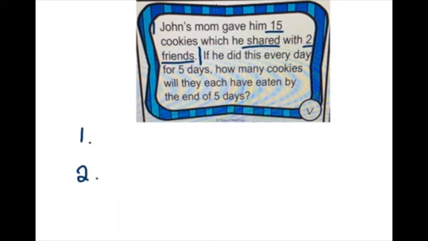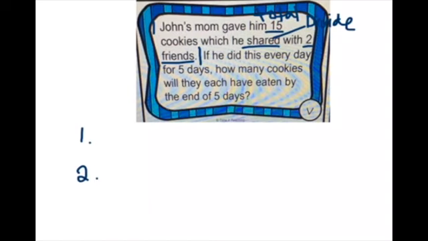Ooh, that keyword shared tells me I'm going to divide, because this is my total, how many cookies I have, 15, and I have to share that, or divide it, among 2 friends. So 15 and 2.